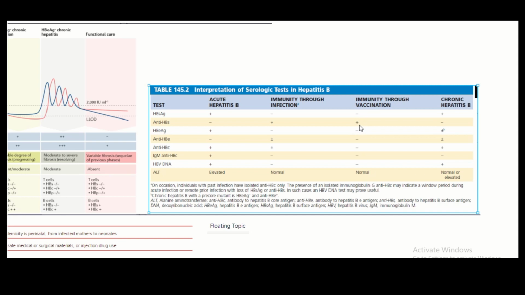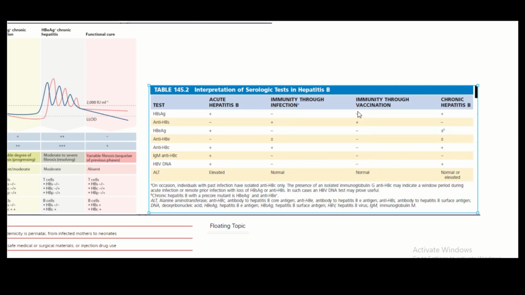If the person didn't get immunity through infection or vaccination, this person may have chronic hepatitis B. During chronic hepatitis B, which we will later discuss in multiple phases, we will find that the virus is present within the body.